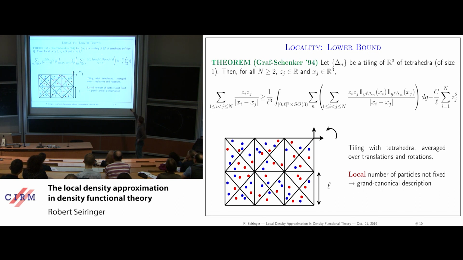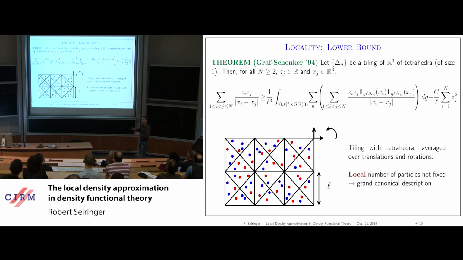That's what's written in the parentheses here. You do the same thing, you sum over pairs ci cj divided by their distance, but only if both i and j are inside the same tetrahedron. That's the theta n here. So n labels the various different tiles, and they are scaled by a factor L.